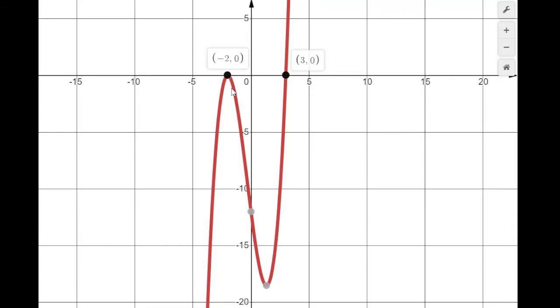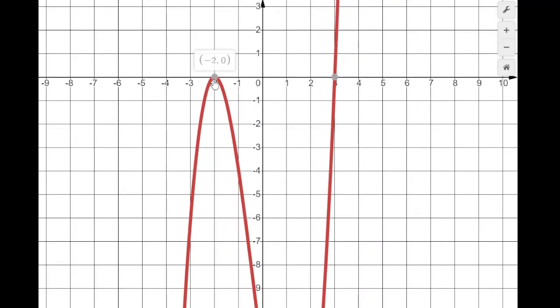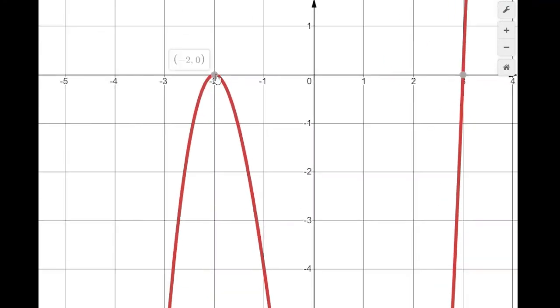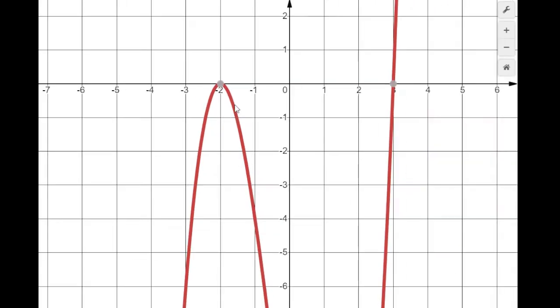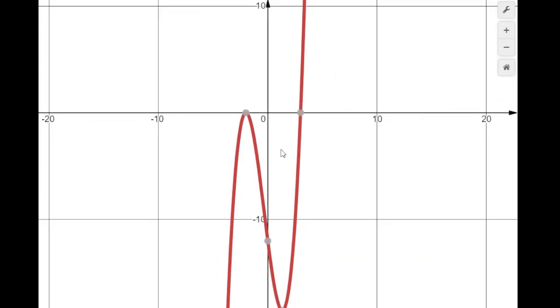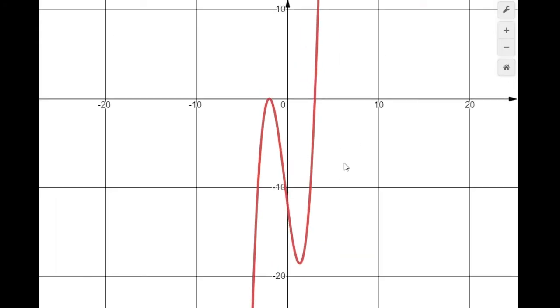And then another interval between -2 and 3, where the graph is also completely below the x-axis. But we had to exclude x equals -2 because at x equals -2 the graph reaches 0, or the graph hits the x-axis. And that confirms our result for example 1 in part B.